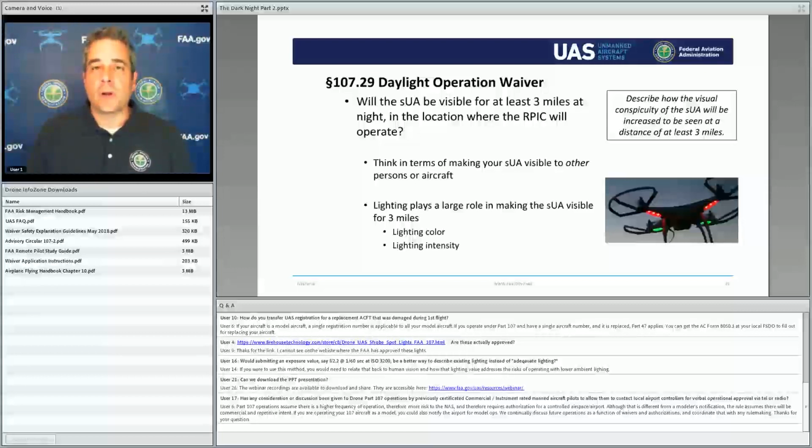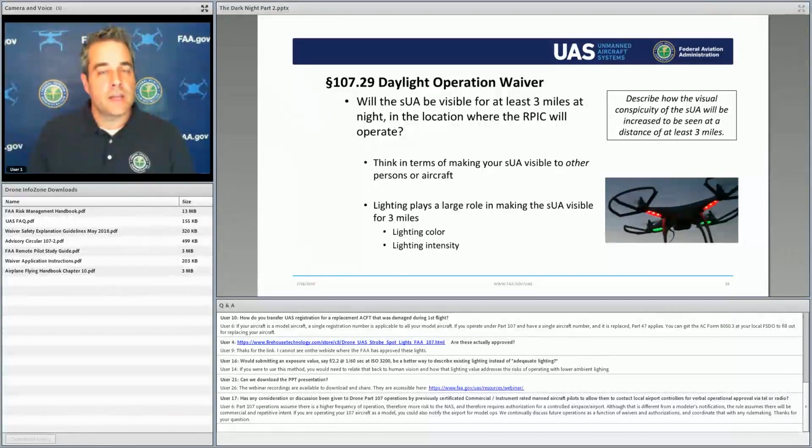Because as we've talked about before, your requirement to maintain visual line of sight does not include simply staring at a tiny light way off in the distance and knowing that it's attached to your unmanned aircraft. You have to see your small unmanned aircraft visually at night when you're operating.